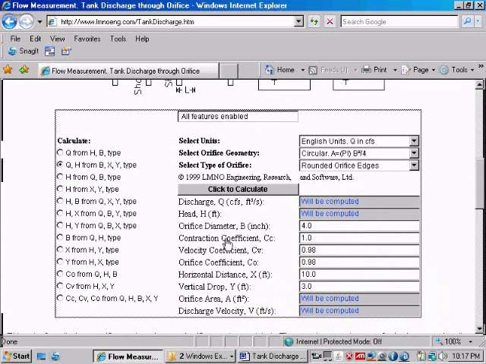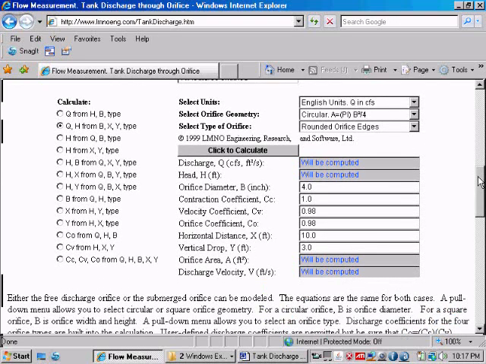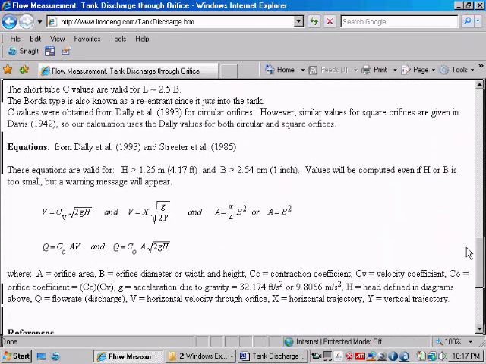This is the calculation that we'll be using to compute the head and the discharge from the horizontal and vertical drop. But let's review the equations that are used in this calculation before we jump to the calculation. This is an equation for the velocity going out of the orifice, as a function of the position x and y as the water exits the orifice.